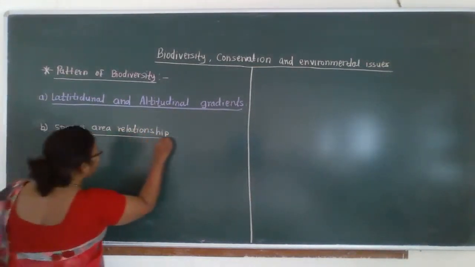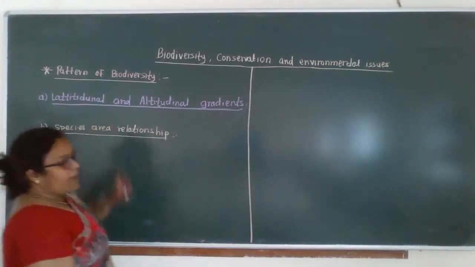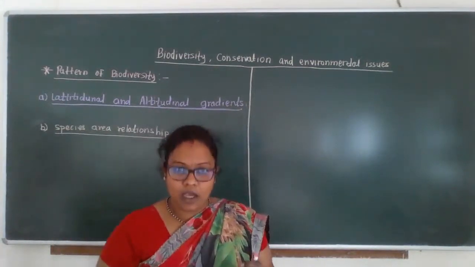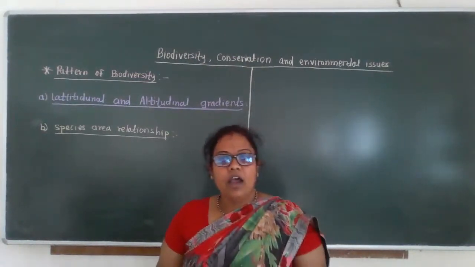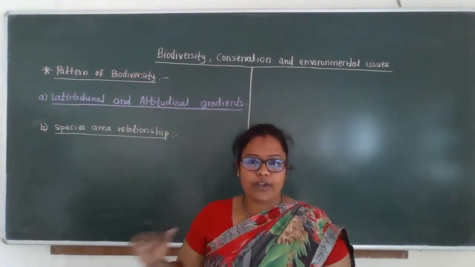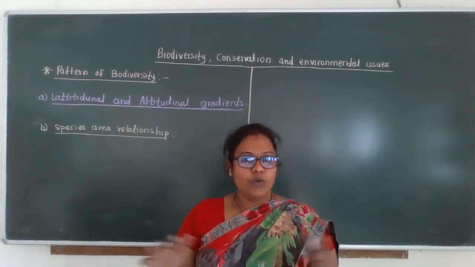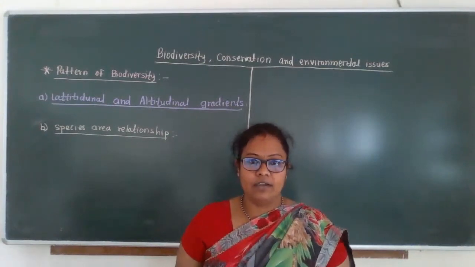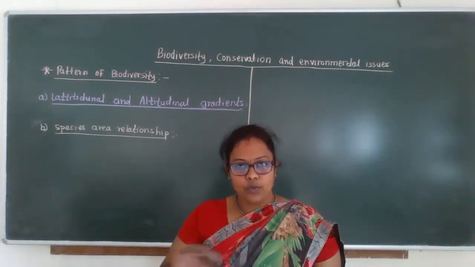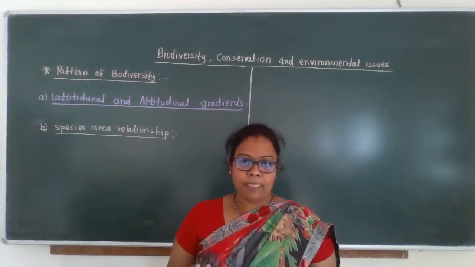Okay. So specifically, in a pattern of biodiversity, we have studied how the diversity is formed, and how it is distributed. As you know, all over the world, the biodiversity distribution is not even. It is uneven all over the earth, right?